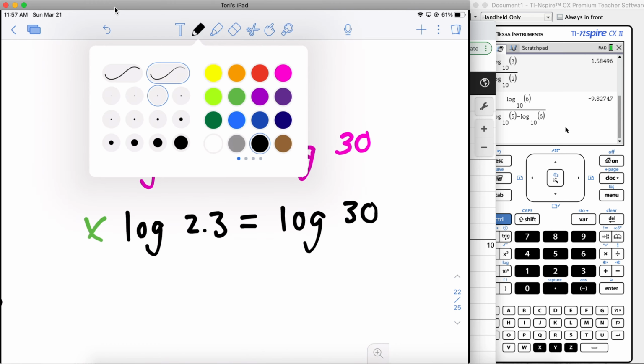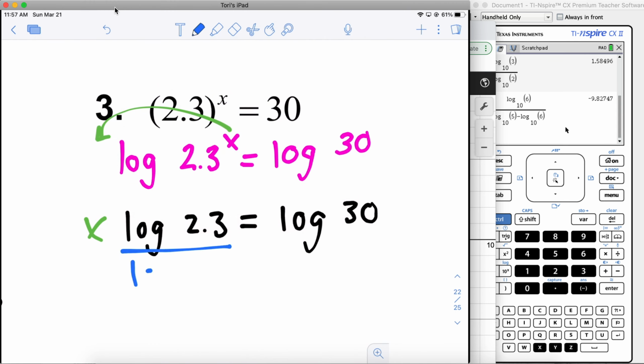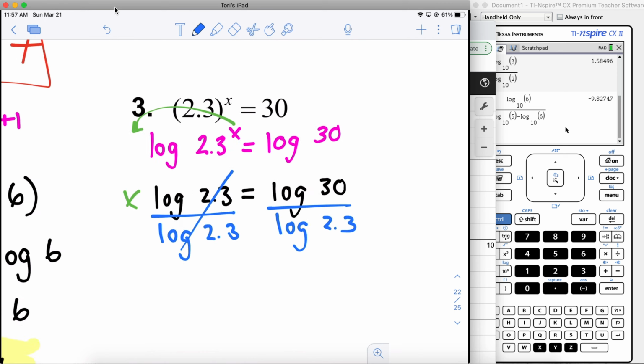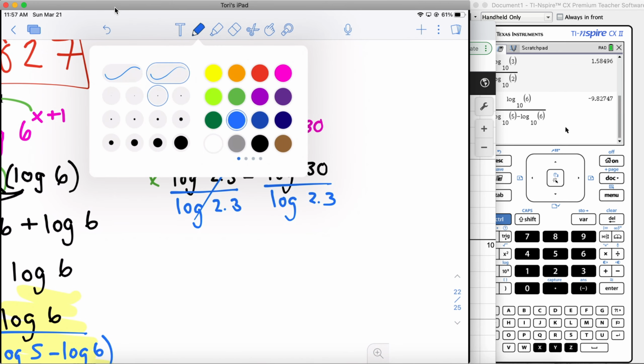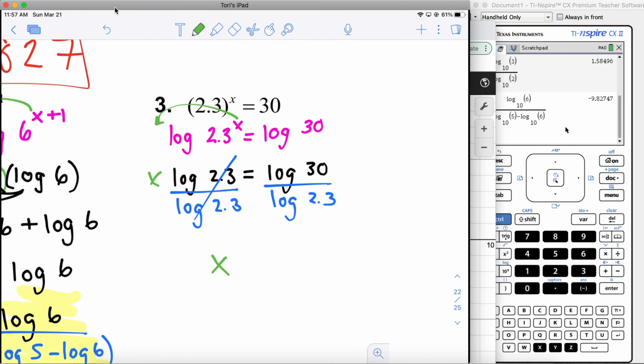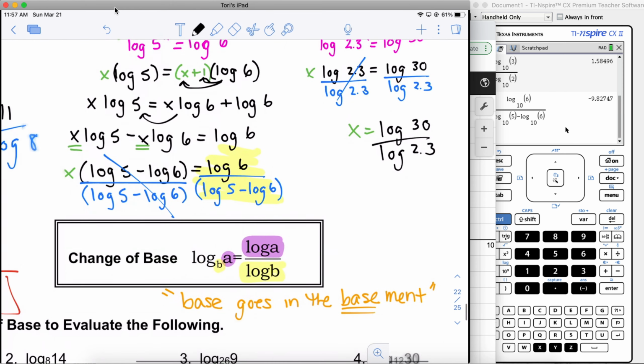And then since I'm already set with my x isolated, I can divide this out of both sides. These are going to cancel. And so I want to give you that first answer in terms of x. Okay, so x equals log of 30 over log of 2.3. Down here on this other one, if you cross off these here, this is what I'm looking for, okay?